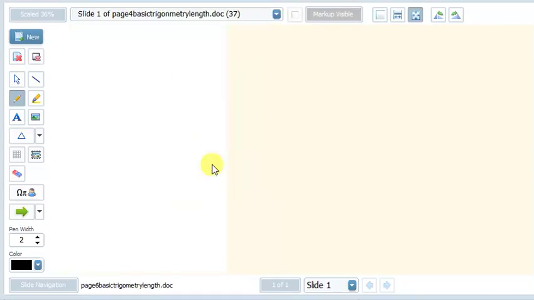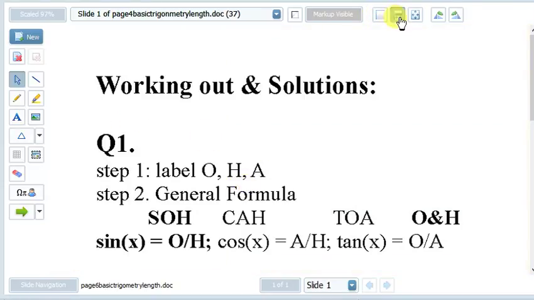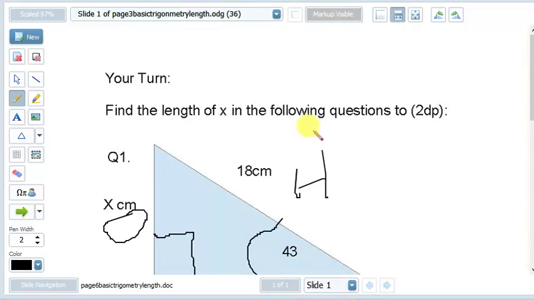Okay, so question 1, and what we're after here is, let's have a look at a quick reminder of question 1.